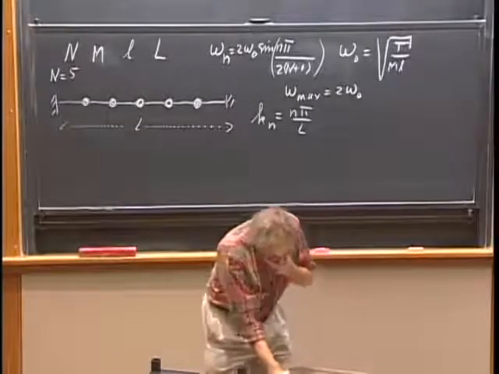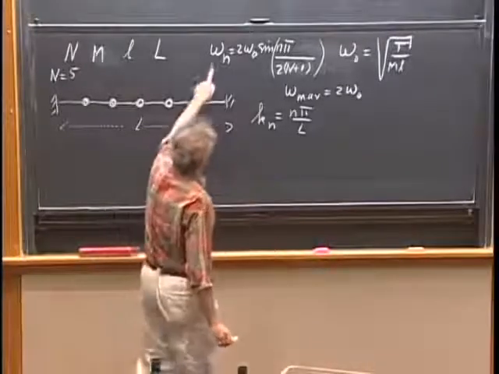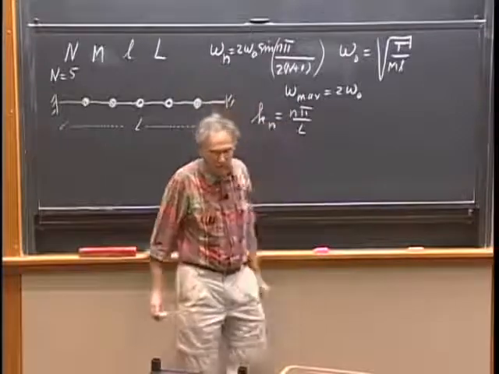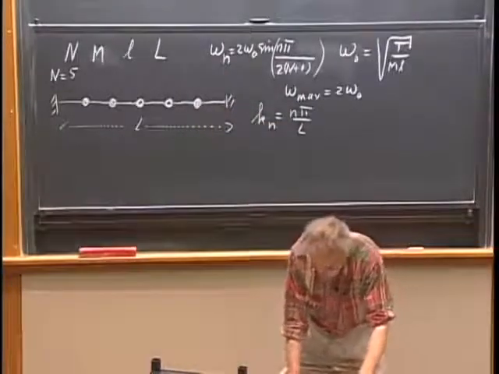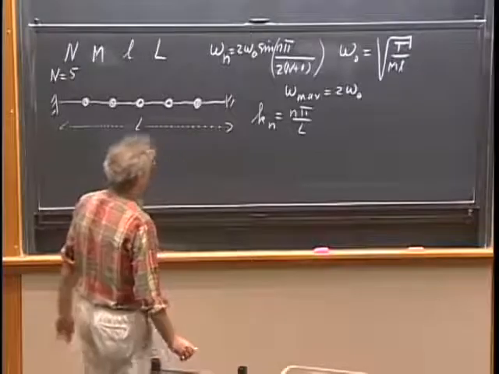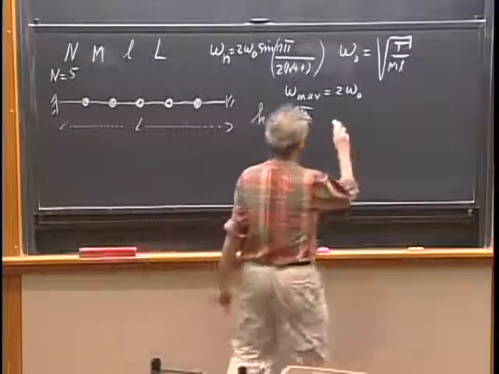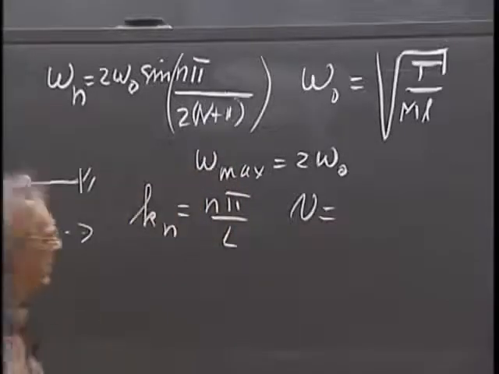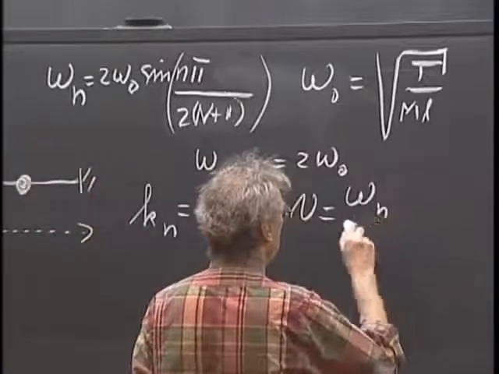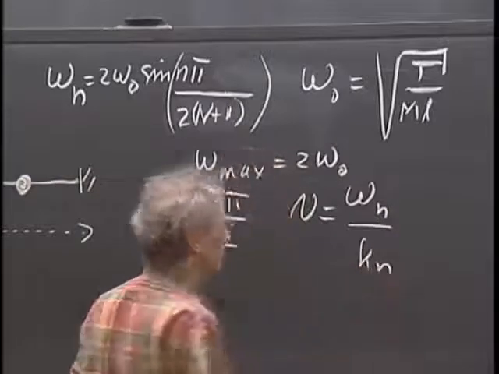Now, omega n, as you see here, does not increase linearly with little n, because it increases with the sine of n. But the speed of propagation, v, is of course the ratio of omega divided by k, so that is omega n divided by k of n.